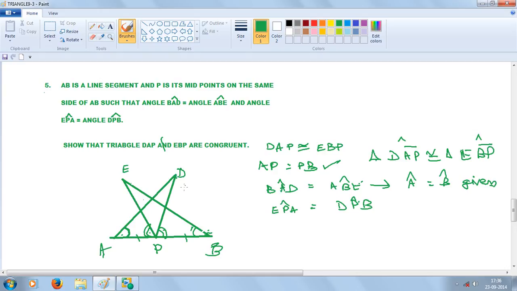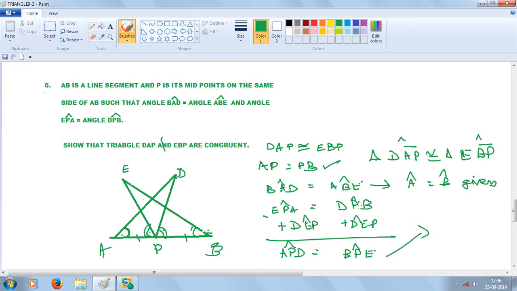So what is one more factor? What about this angle? Angle EPA is equal to angle DPB, given. Now you add angle DPE to both. If you add these two, what do you get? Angle APD is equal to angle BPE.